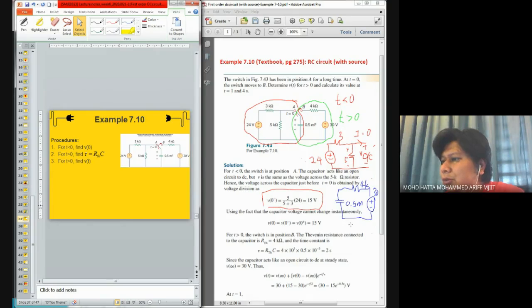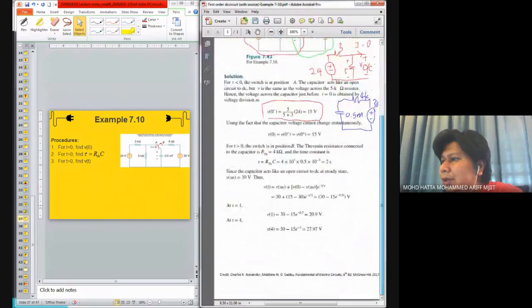Right. Now, when we try to find the values of R and C, I think C is quite straightforward. However, for RTH, what happened over here? Here it says that for t greater than 0, the switch is in position B. The Thevenin resistance connected to the capacitor, RTH, equals 4 kilo ohm.